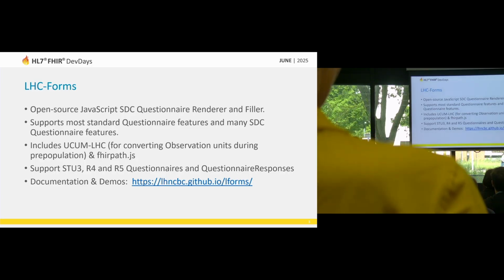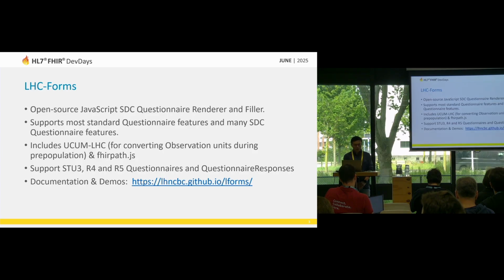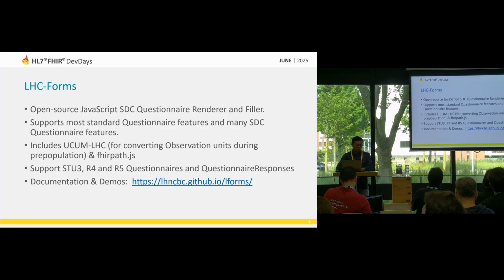It includes the FHIR library and the LOINC JS libraries for the FHIR expression and the unit conversion. It supports the major versions of FHIR, STU3, R4, and R5. And I guess we also support R4B, but we never mentioned that. The documentation and the demos are available on GitHub and also on our project website.